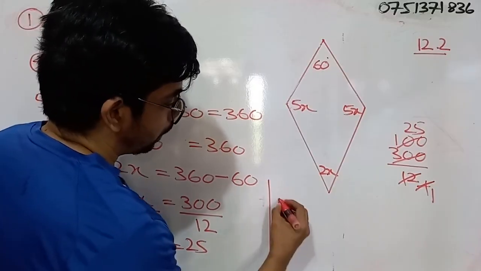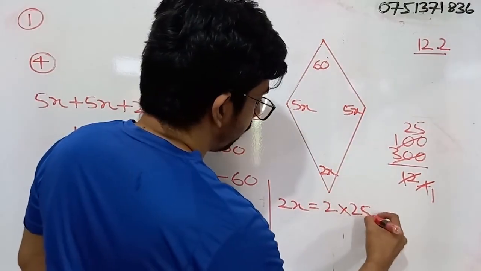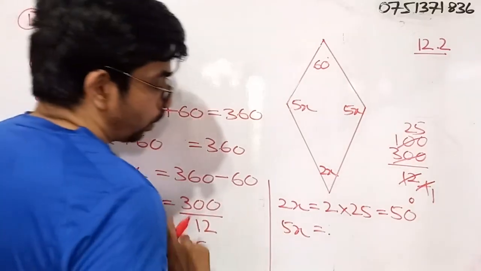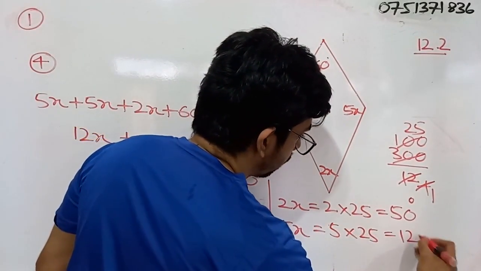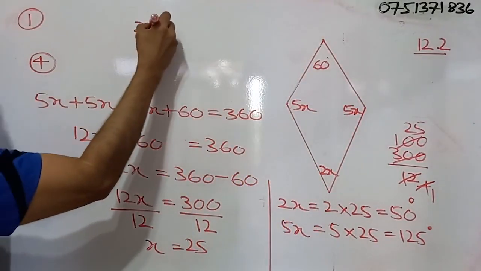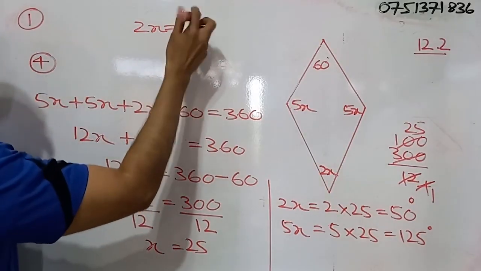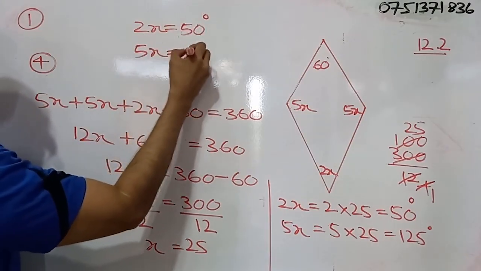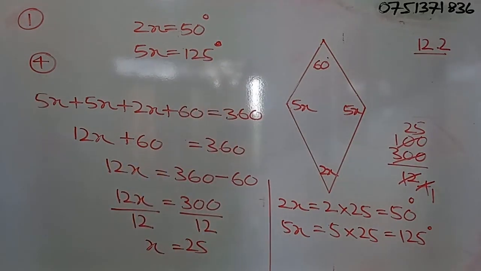So I will do it here. 2x is 2 into 25. So that is 50 degrees. So 5x, what is that? 5 into 25. So that is 125 degrees. So here 2x is 50 degrees. 5x is 125 degrees. So those are the answers.